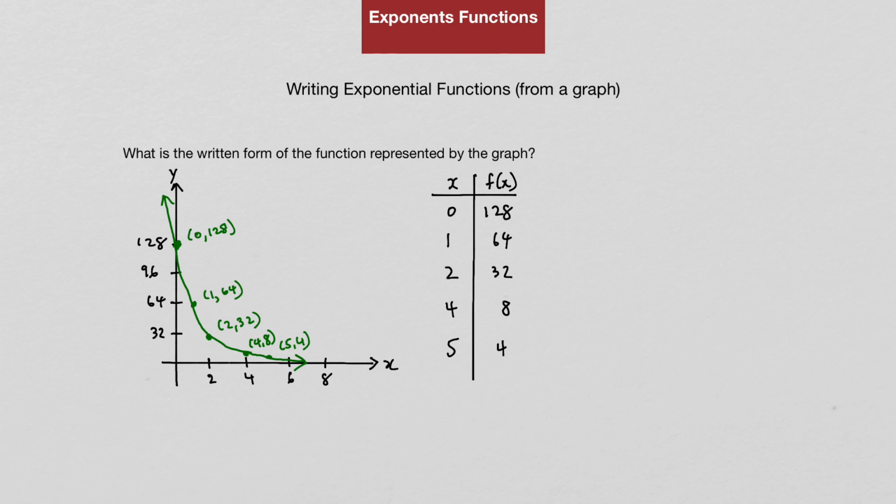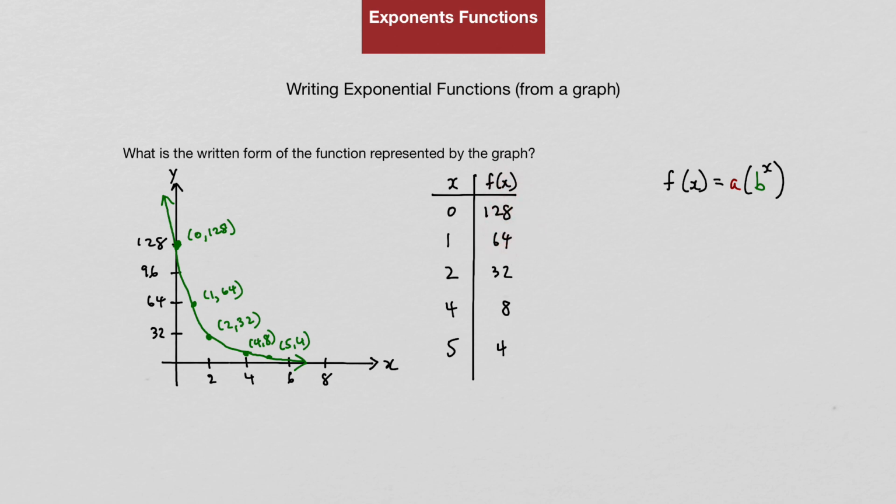Okay, so we know that f of x is equal to some number a times some number b raised to the x power. Okay, so we're going to start with finding our b, and to do that we need to take the second value of this column, which is our y value, and divide it by 128.